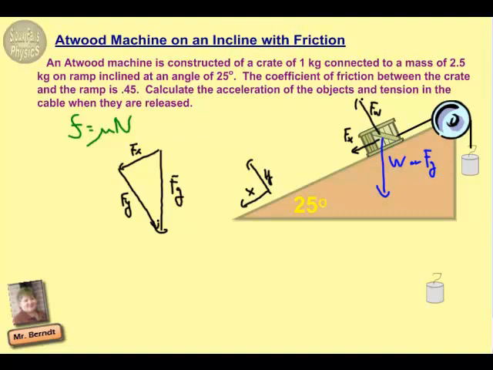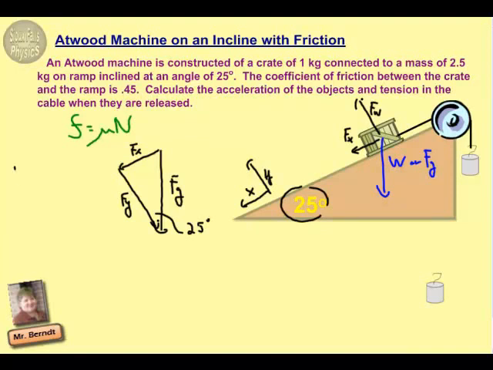Now, a couple quick things. This angle right here is not the top angle of my triangle. It's actually this angle. And we have to keep that in mind. So when we're thinking this through, we have to think in terms of that. The other thing is, we know what F of G is.